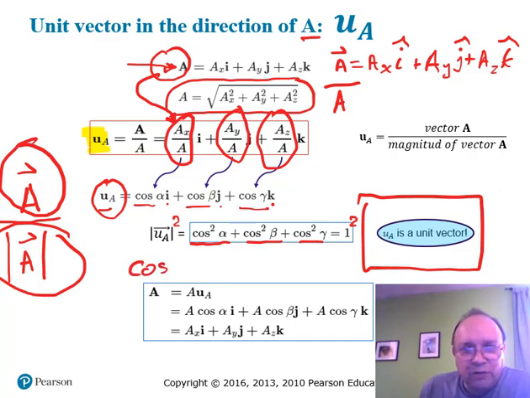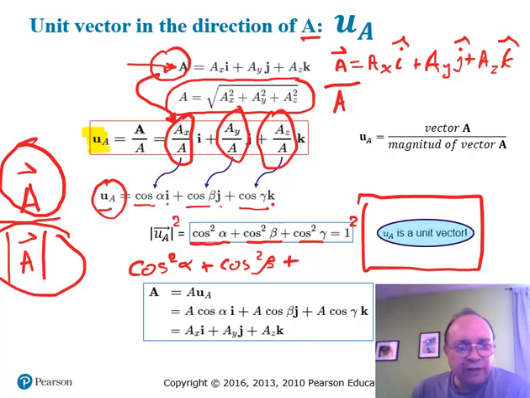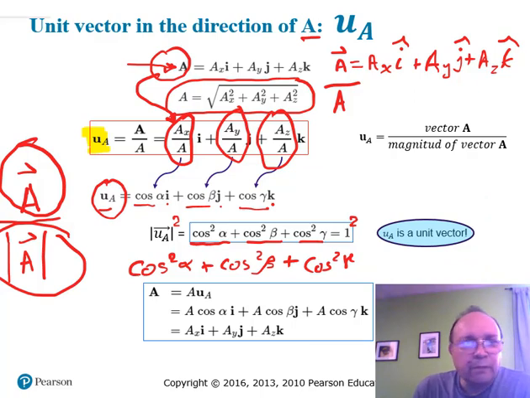The squares of the direction cosines add up to 1. Very important equation. Actually, I failed to write it down. I don't know if it's written in the next page. Cosine squared alpha plus cosine squared beta plus cosine squared gamma is equal to 1. Very important equation here.